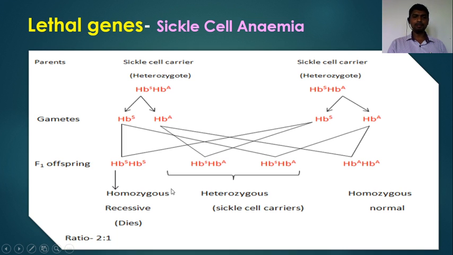Due to the death of the homozygous recessive, having the allele HbS, which is not able to survive, the phenotypic ratio 3:1 has been modified into 2:1. This happened because of the death of one homozygous recessive individual. So this is about the lethal genes.